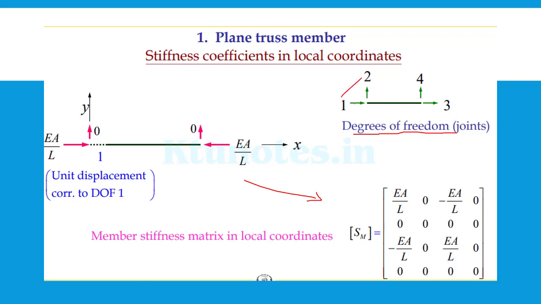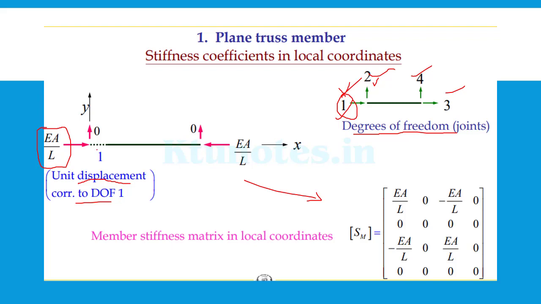We are applying a unit displacement in the first direction, and we are measuring the various forces at 1, 2, 3 and 4 for the first case. And for the second case, I should apply a displacement for 2, and the corresponding forces at the different coordinates have to be measured. For the unit displacement corresponding to degree of freedom 1, when it is axially moved, the stiffness will be EA by L, which is a known rule.